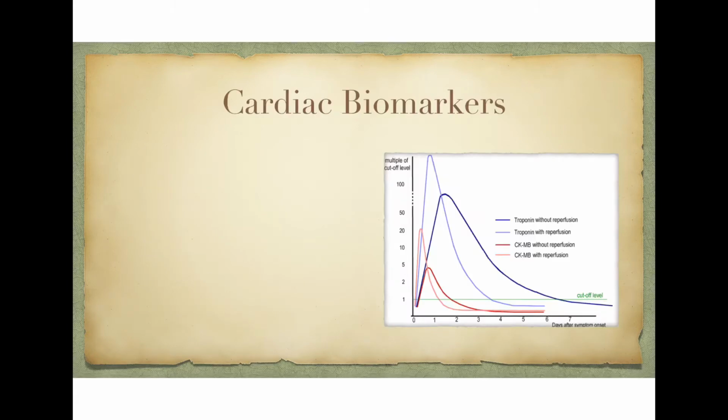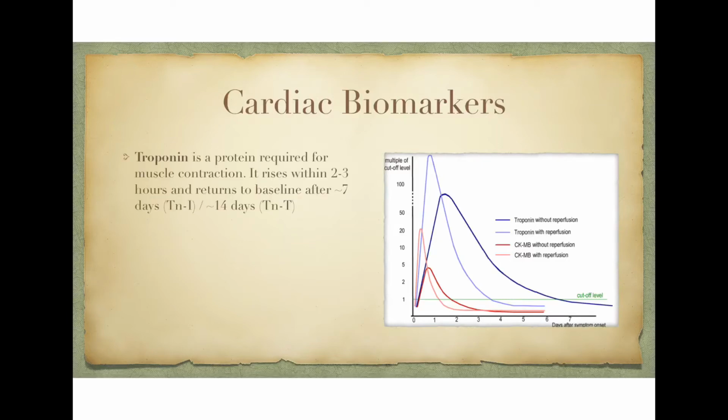Now, when we discuss the definition of MI, the troponin was a very important part of that. So it's important to understand what we're looking at when we order a troponin. So here's a graph that I'm sure all of you have seen before. It shows how troponin and another biomarker called CABG rise in the hours to days immediately following a myocardial infarction.